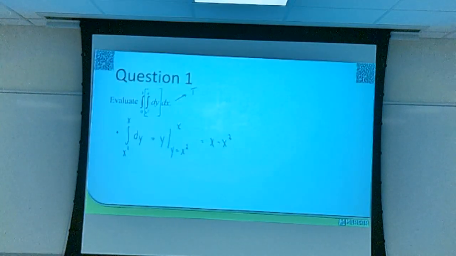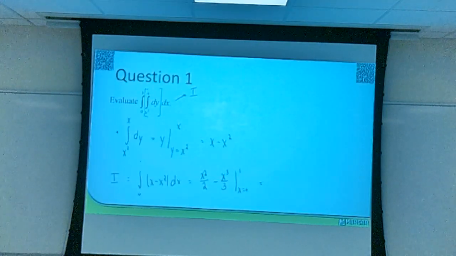I'll call this I. I now equals, again, use the fundamental theorem of calculus. Antiderivative. Now, good news is that 0 is just 0, so it's just a half minus a third, which is a sixth. And there's your answer. And there is your integral.